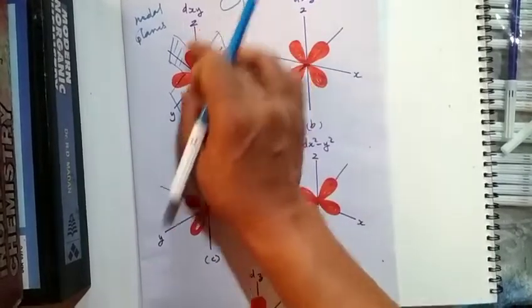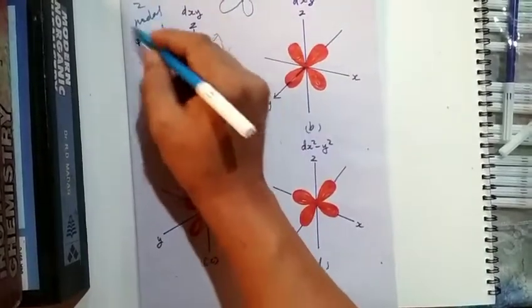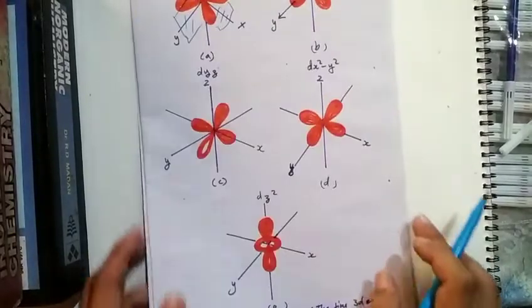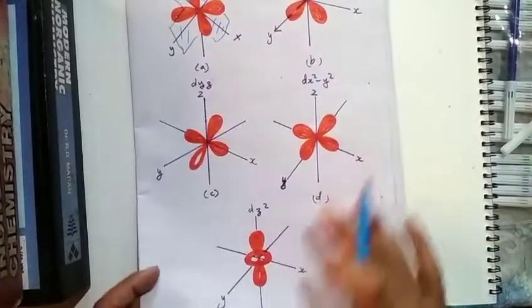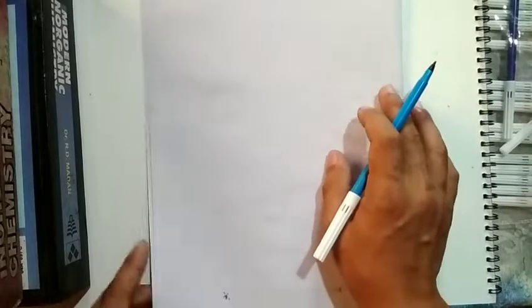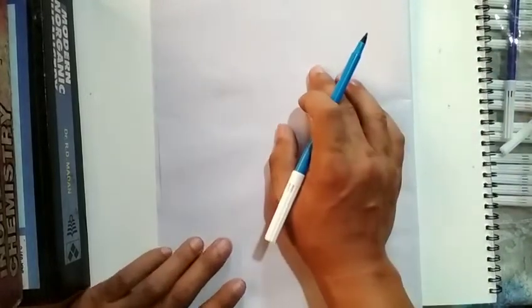So for d orbitals, 2 nodal planes will be present. We won't discuss further about this. So we have discussed the nodes.